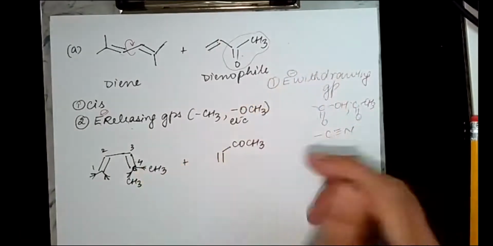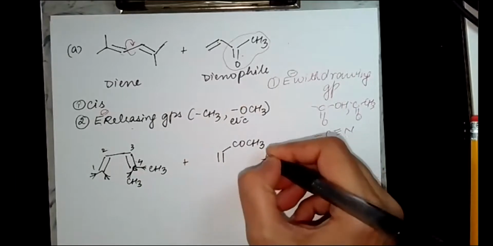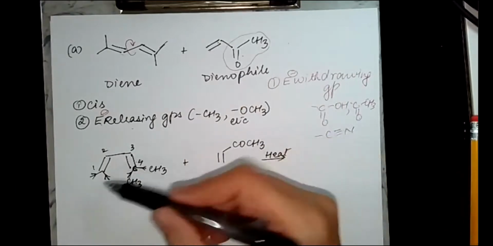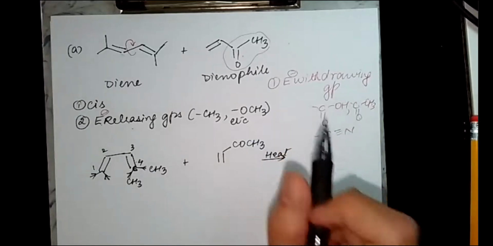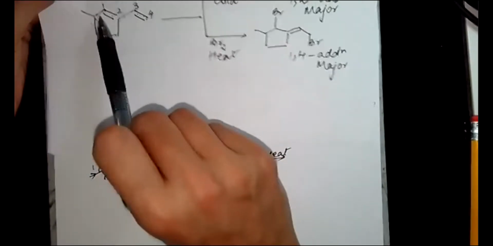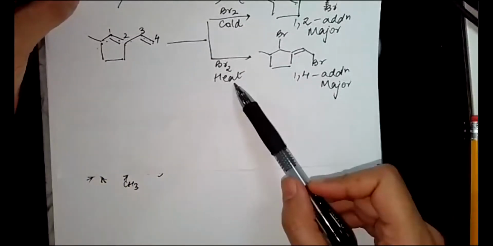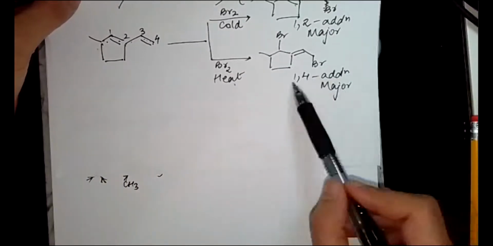Now, whenever Diels-Alder reactions occur, they occur under heat. So your 1,4 addition reactions will take place. Do you remember we were just looking at this? Whenever you have a diene and you're heating it up, you are going to get 1,4 addition reactions as your major products.